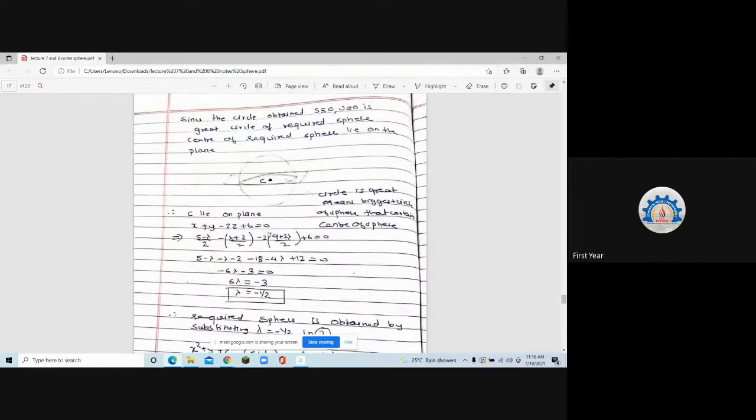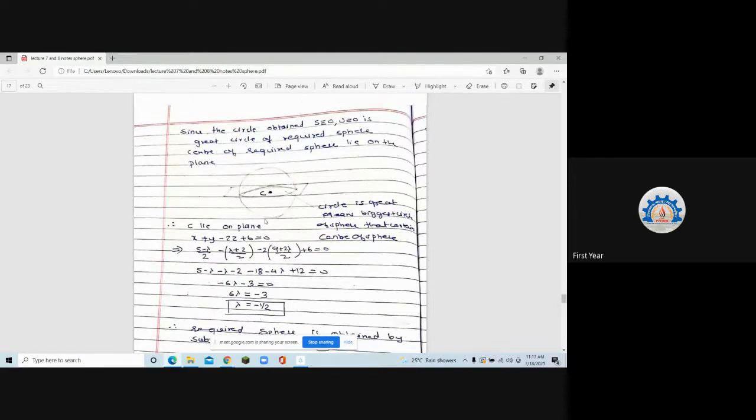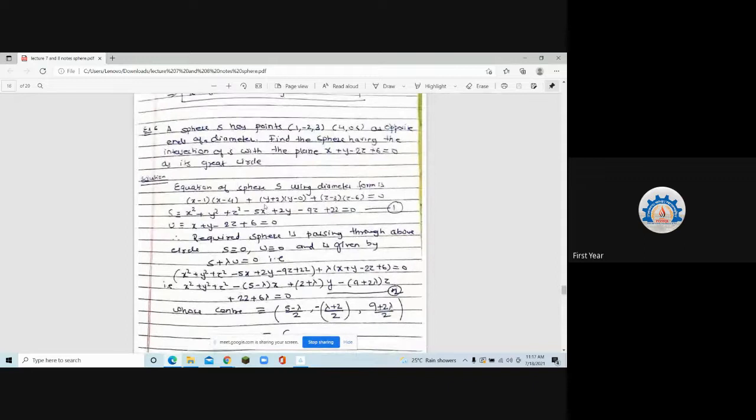Then put lambda is equal to minus half. What is the final answer? Put it in the chat box, the answer of the sphere. Equation of the sphere: where do I have to put it? I have to put it in this equation. Let me tell you that also.